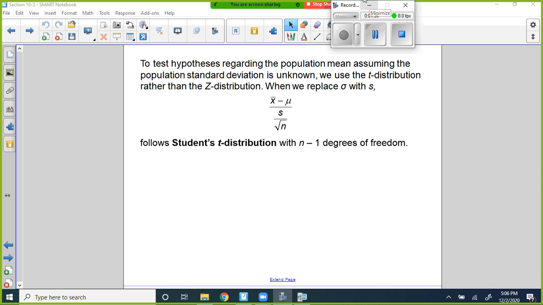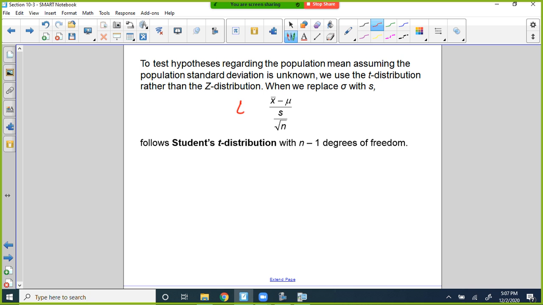All right, so we get this equation, which would be t sub 0, which would be our t value that we're going to be looking at, okay?